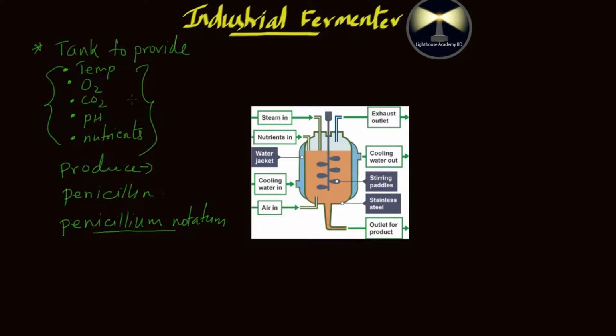The industrial fermenter is not only used for producing penicillin, but also for producing genetically modified bacteria. In the next videos I'll be discussing that. All of us have a wrong concept that bacteria are harmful and cause disease.